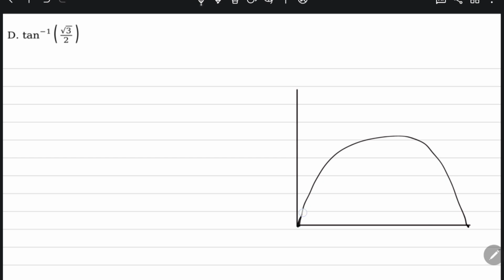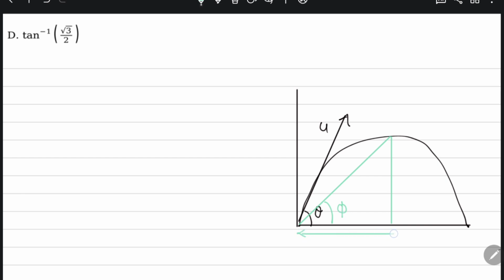In this question, just repeat: the initial velocity, that is u, has angle theta, and I will use a different color so that you can easily understand this. That angle I say phi.